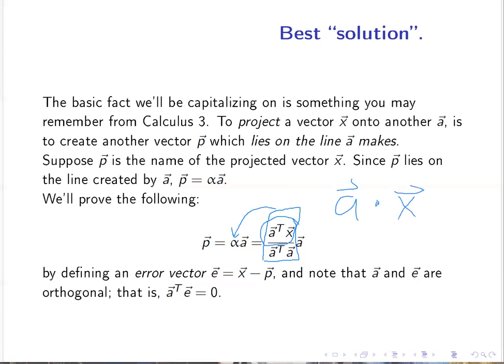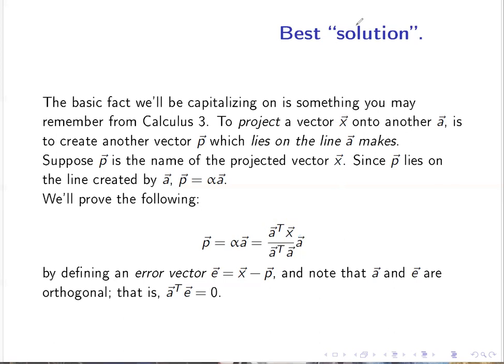Because for the dot product, you have to transpose the first one. If you transpose the second one, you get a matrix, and that's not good. So here, this numerator is going to give me a number. This is going to give me a number for the denominator, which tells me that this is going to give me a solution. Be careful. These A bar transposes do not cancel out. Do not cancel them out.